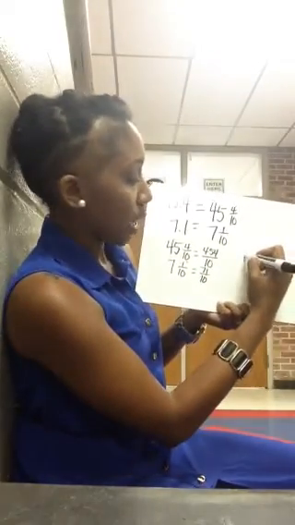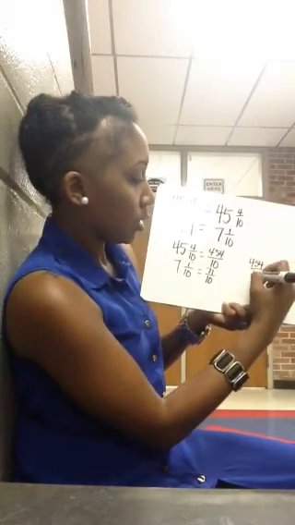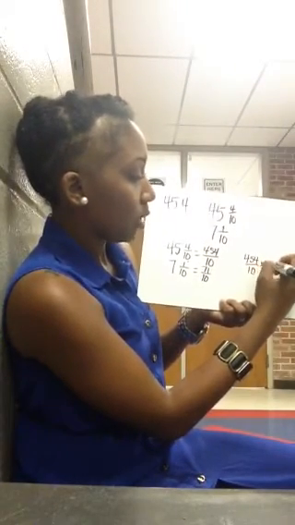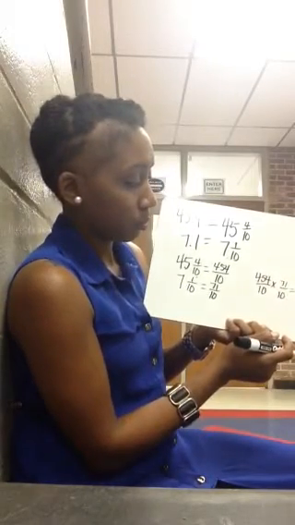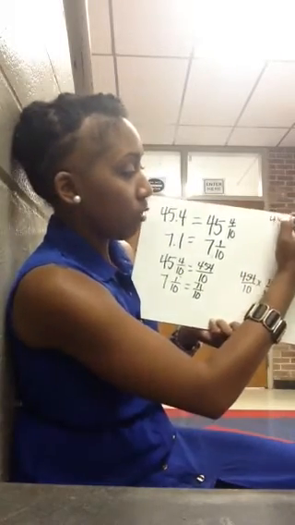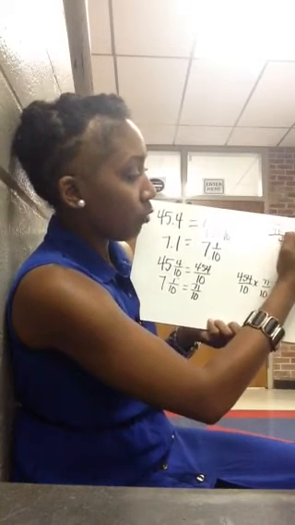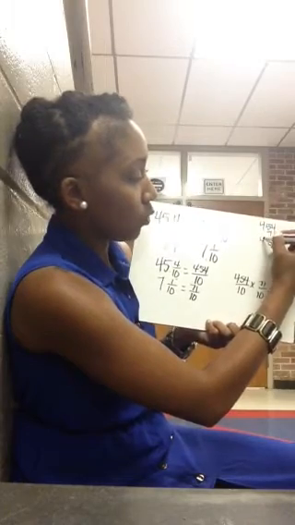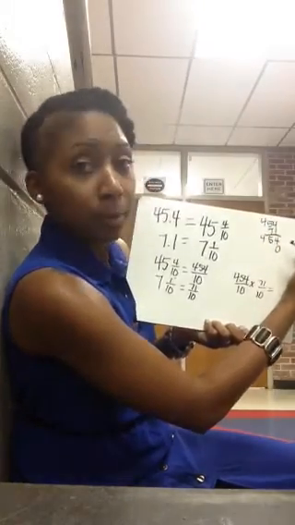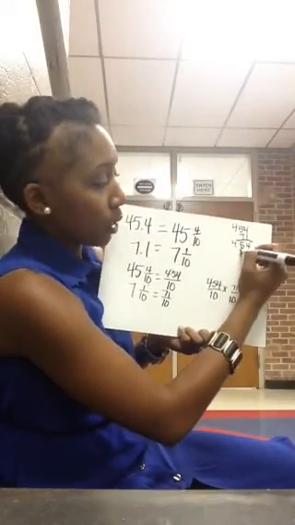So now I'm going to multiply those two together: 454 tenths times 71 tenths. So I have 454 times 71. 1 times 4 equals 4. 1 times 5 equals 5. 1 times 4 equals 4. Put my placeholder, and then I have 7 times 4 equals 28.